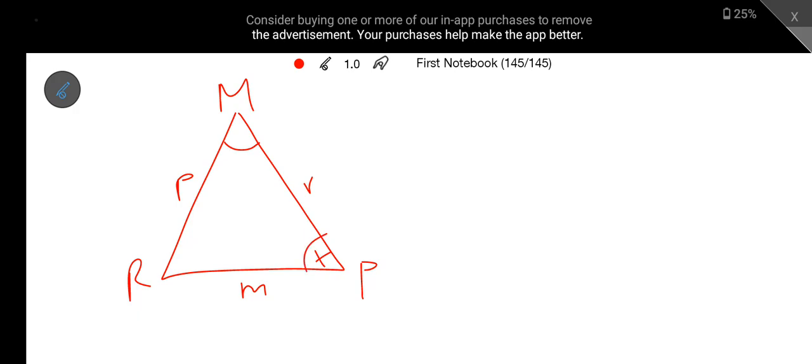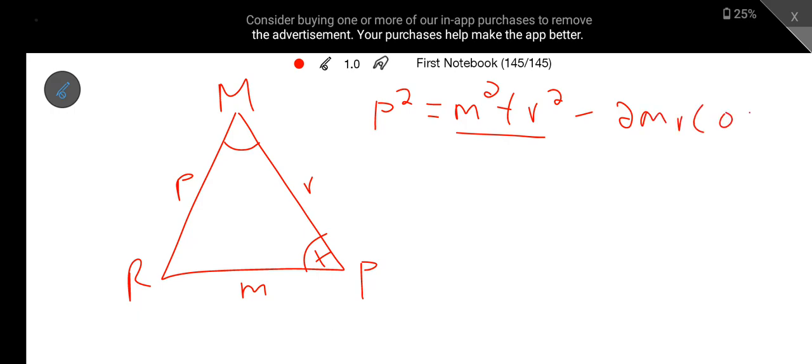Well, because we know angle P, we're going to start with P squared. P squared is equal to, which two sides are between angle P? Well, it's R and M. Order doesn't matter, so you can start either with M squared or with R squared. Minus 2, because you have got MR, you're going to say MR as well. Then multiply by the cosine of the known angle.